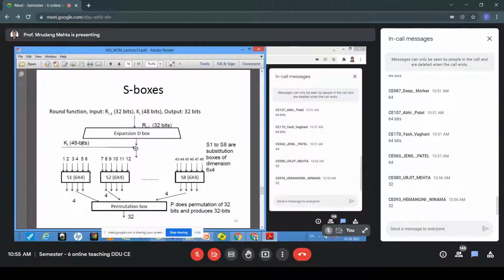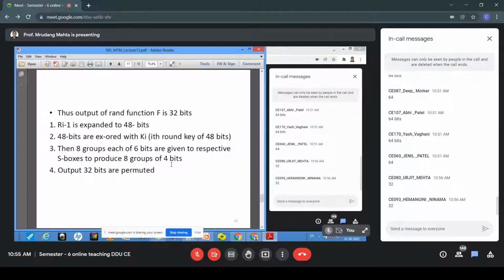That means there are 6 inputs and 4 outputs. So in one box, we have 4 outputs. So in 8 boxes, we have 8 into 4, 32 outputs, right? So we are getting 32-bit input and also 32-bit output. But before converting 32 into 32, we expand, XOR, substitute, and permute. So these are the functions which are carried out.